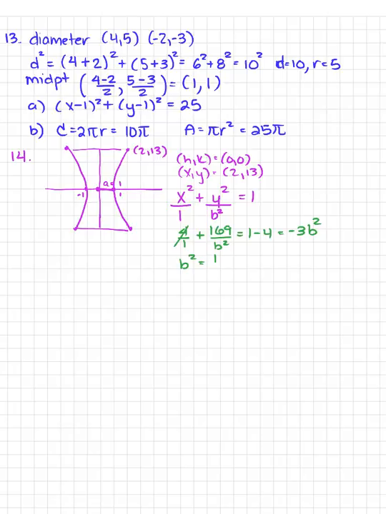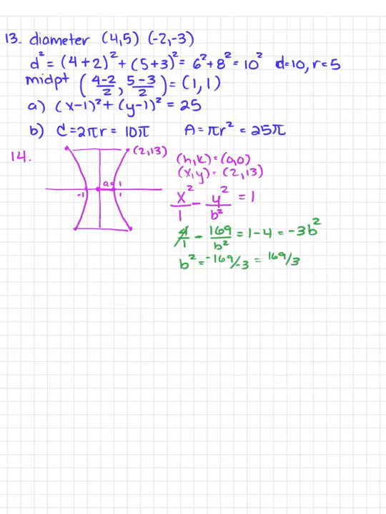Oh, it's a hyperbola. Sorry, I was like, wait a minute, something's not right. Where's my little eraser tool? These should be minuses. So that makes it all better. This should be a minus, and this should be a minus. So we have b squared equals a negative 169 divided by negative 3, which is just 169 thirds.